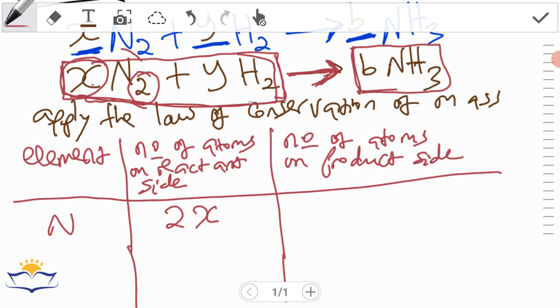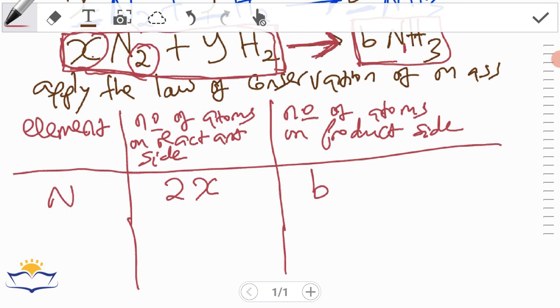Apa palibe nitrogen, which means ku reactant side tatha nako. Ku product side, total number of nitrogen atoms, the B, which is the coefficient, times 1. This is N1H3. Koma sitimalemba ngati subscript ali 1. So the total number of nitrogen atoms ku right hand side, the B times 1. Kapena simply B.